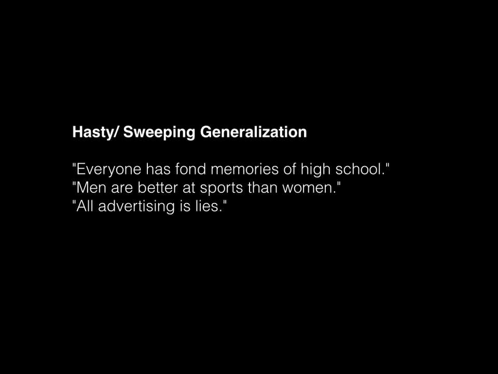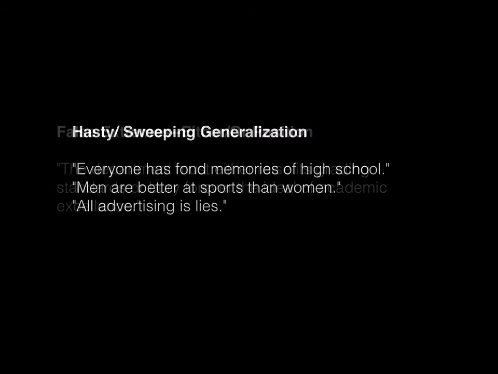So if you're coming across terms in a case like all or always or everybody or nobody or none, chances are there's a sweeping generalization in there, and you can attack the case on its logic based on this kind of thinking. Like everyone has fond memories of high school, men are better at sports than women, or all advertising is lies. All three of these are hasty or sweeping generalizations, and you might find these prevalent in some of the cases that are out there.